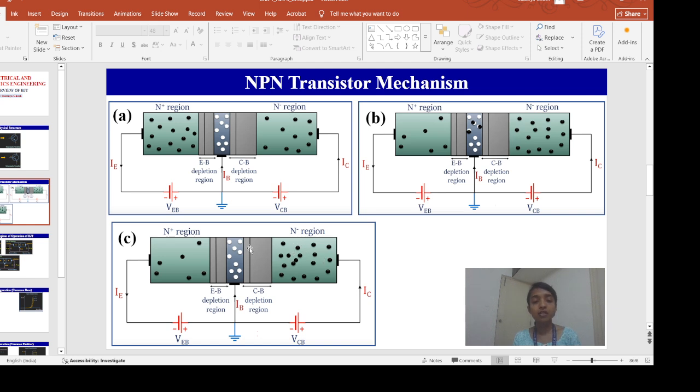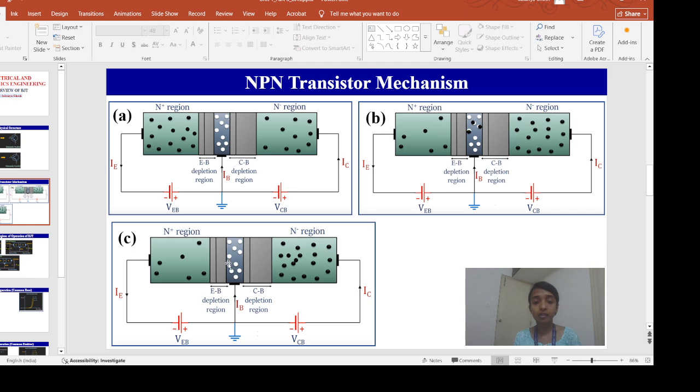Because my collector base junction is reverse biased, right? So that is why, if I increase this VCB, what will happen? This collector base depletion region width will increase, and it will reduce the base width even more and more.